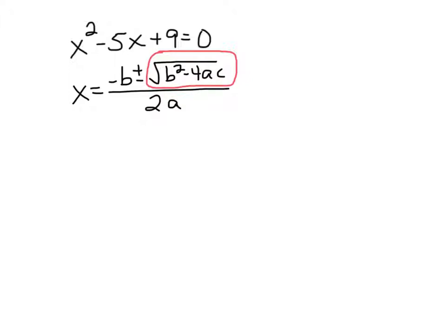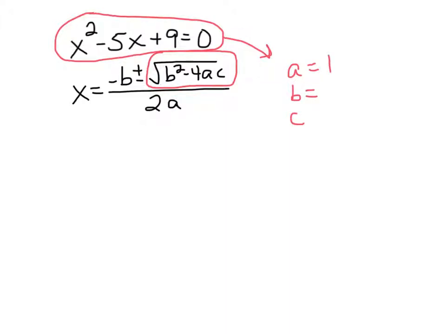And let me talk about it a little bit by doing this particular quadratic equation. In this particular quadratic equation, if I wanted to identify my a, my b, and my c, my a is equal to 1 because there's an understood 1 in front of the x squared. My b is equal to a negative 5, and my c is equal to 9.